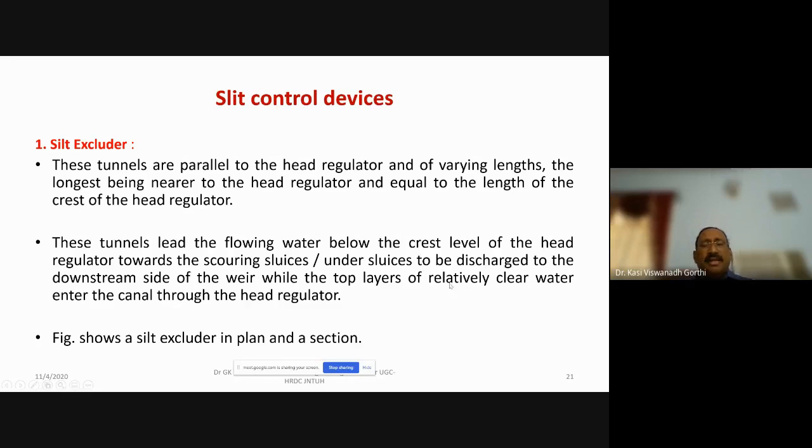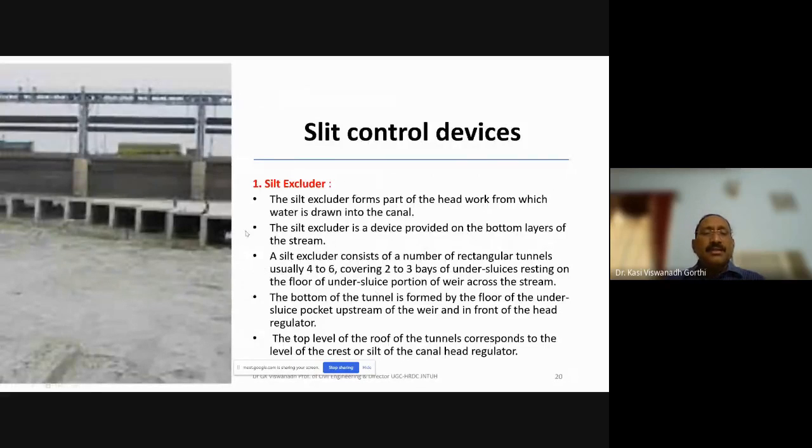So what will be done? Because you are providing tunnels there, these tunnels will allow the water which has more silt content to enter into the tunnel. The clearer water will directly flow over the top of the tunnel and flow directly into the canal. This is a simple mechanism that is provided.